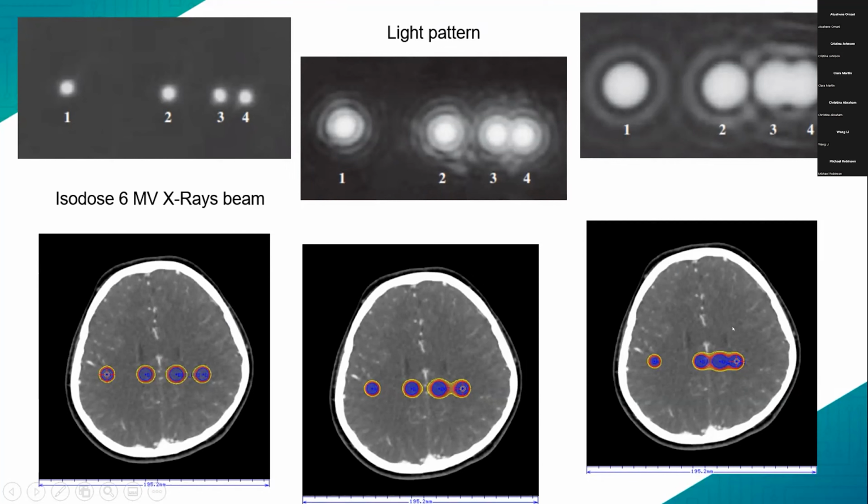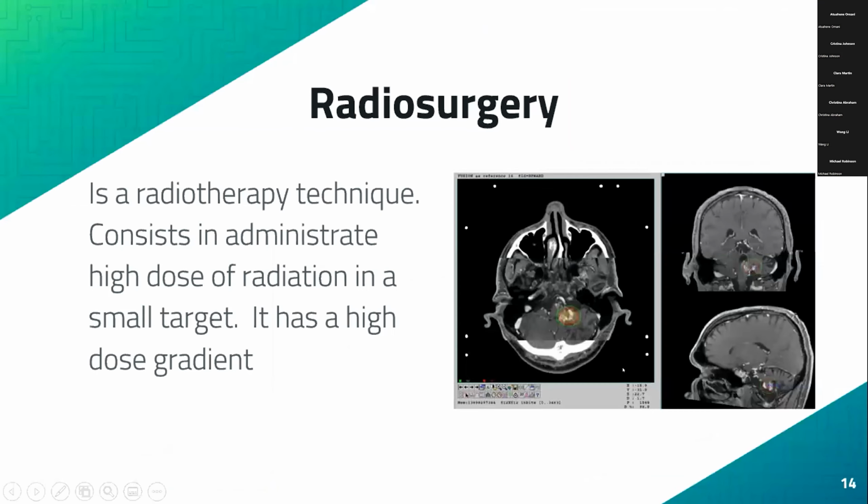And if the sources are even closer together, we have one pattern like this for light. Then we asked why we can use this model for X-rays when we work in radiosurgery.